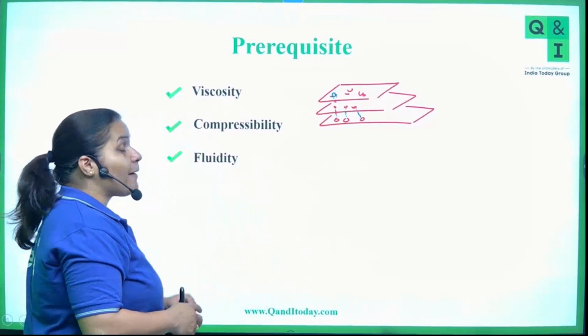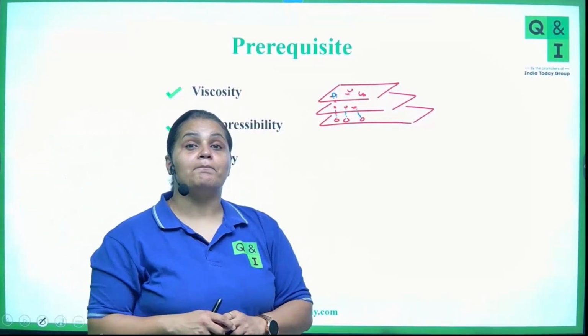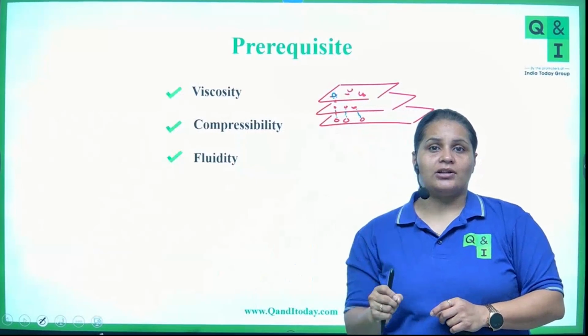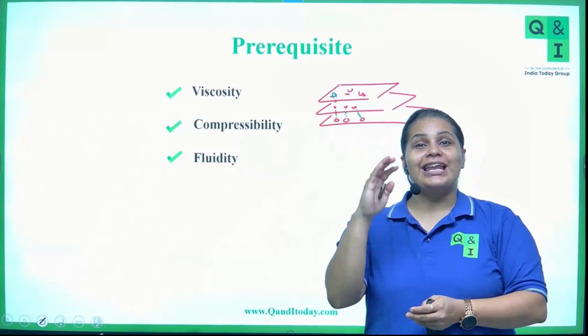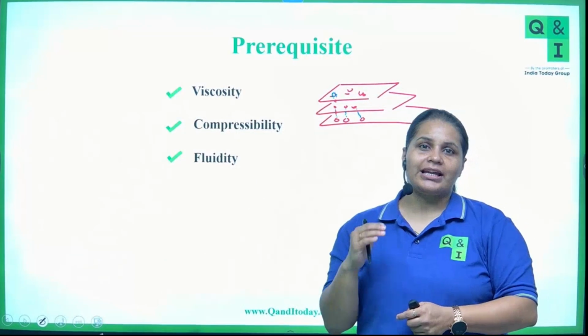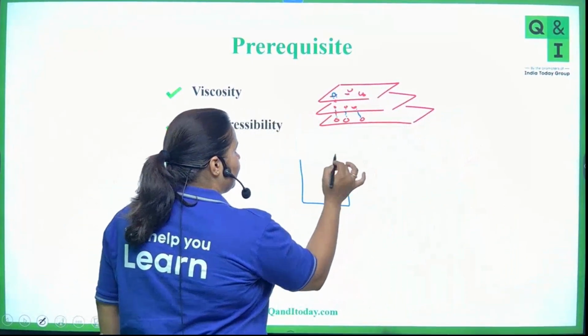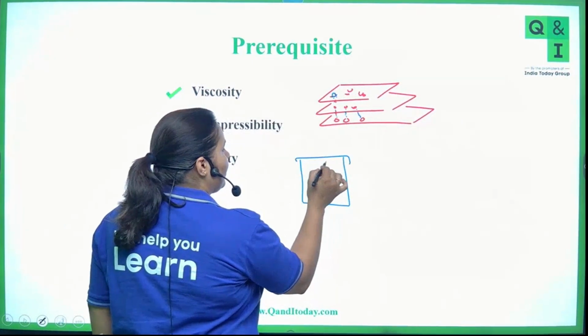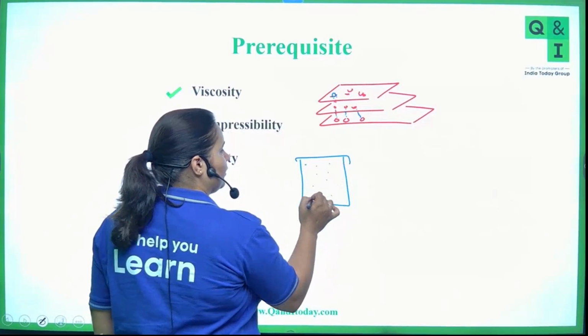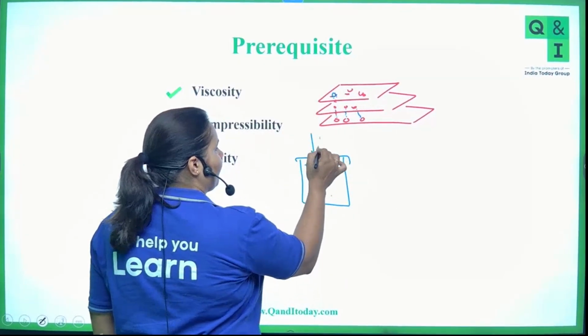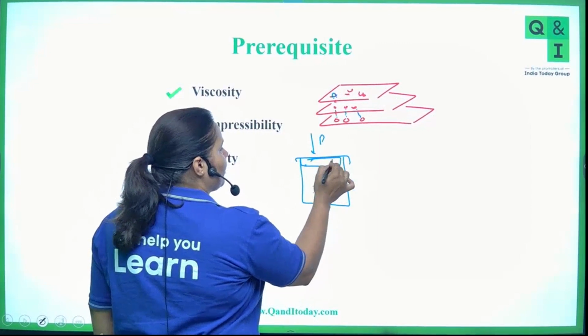Okay. Now, compressibility. What is compressibility? That is the ability of a substance to be accommodated in a lesser volume. Suppose I have a container and I have a gas filled in it. Now, if I apply pressure on it, what happens?